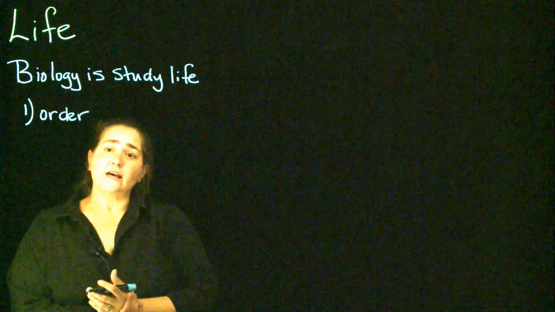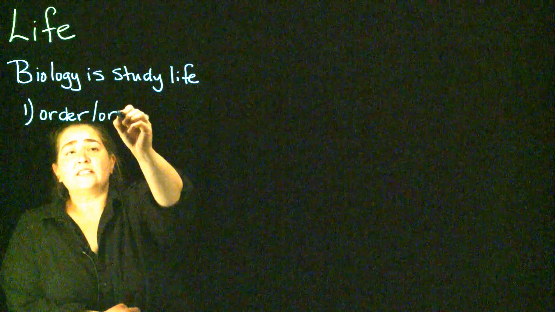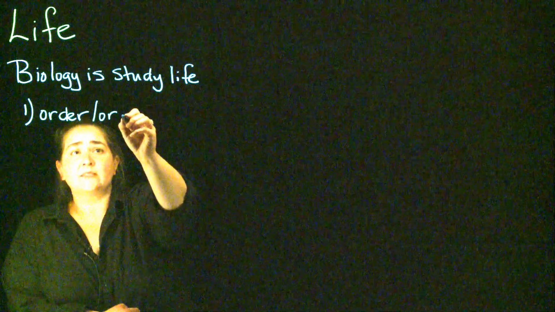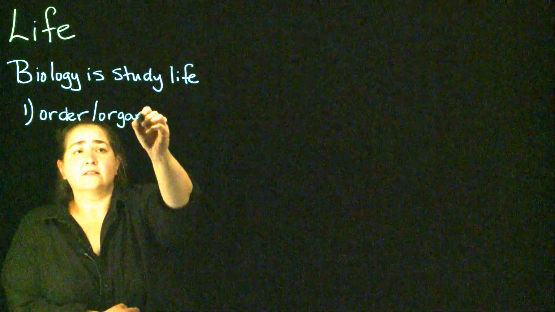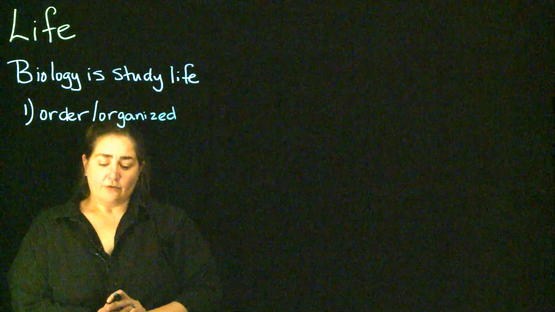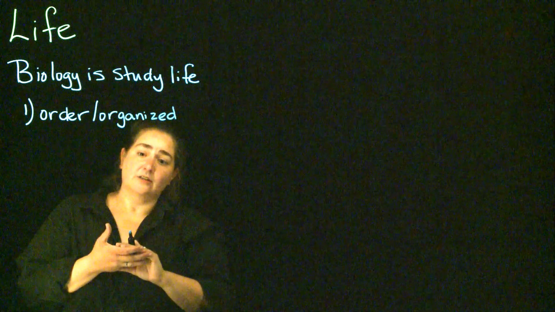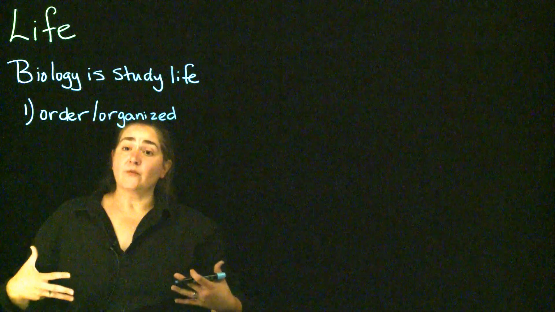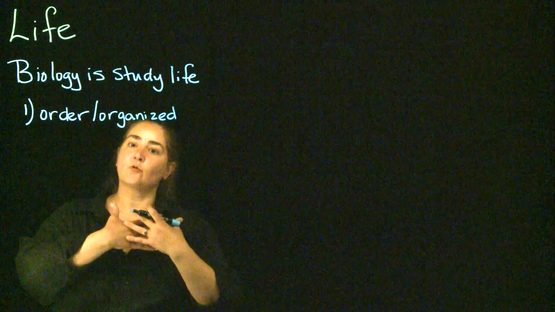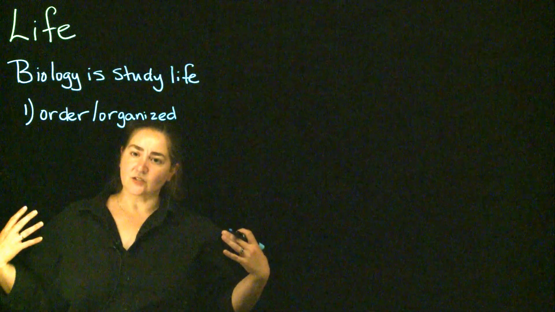First of all, you have to have some kind of order, all right? The particular organism has to be organized in a particular way. For example, you've got petals coming off of a sunflower, all right? Or if we're going to talk about the human body, you've got the organs organized so they're internal rather than external.